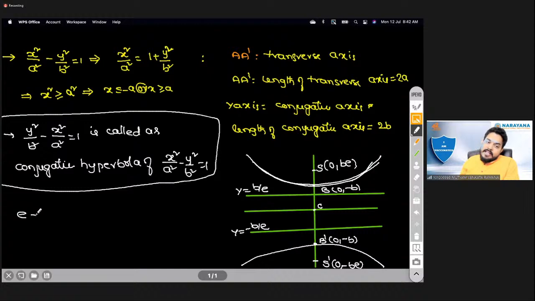And e is equal to square root of b square plus a square by b square.